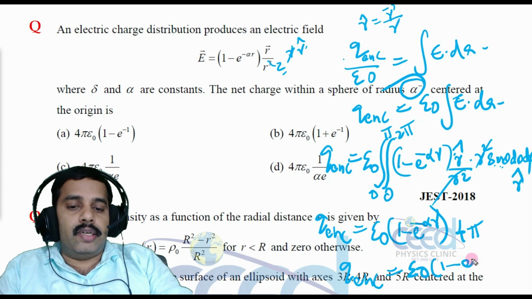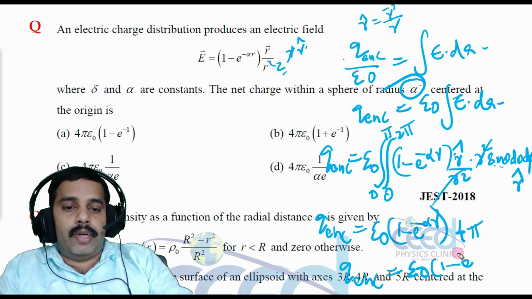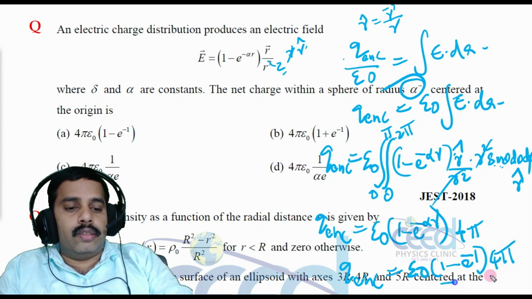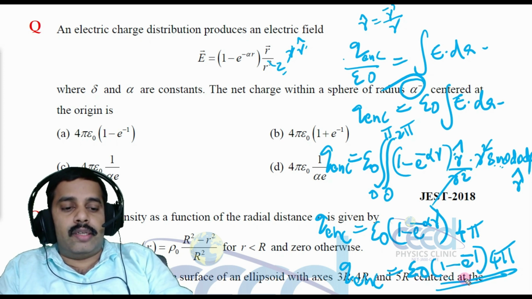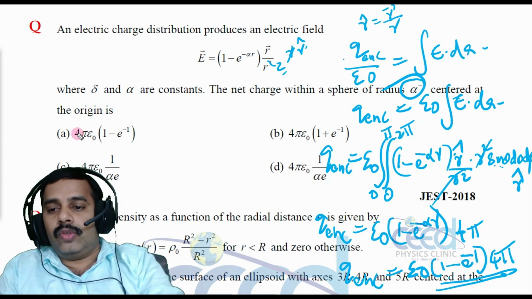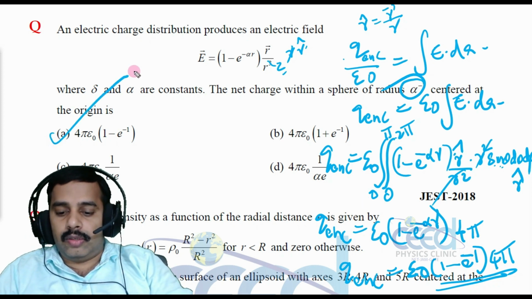Alpha and alpha cancel, so e raised to minus 1. So 1 minus e raised to minus 1 into 4 pi. So 4 pi epsilon 0, 1 minus e raised to minus 1. So A is the option. Alright.